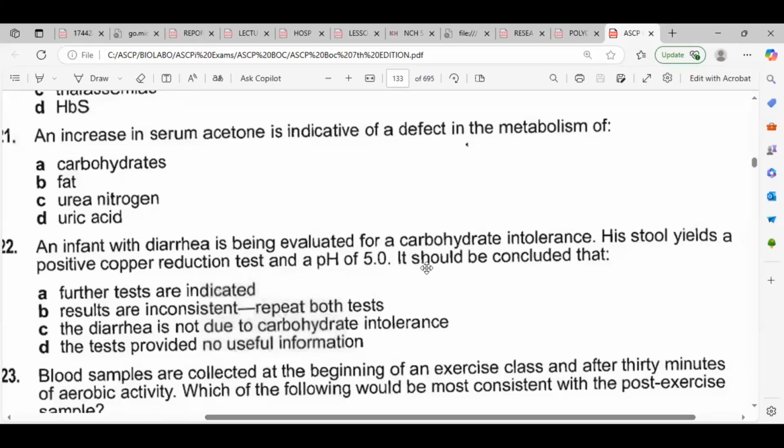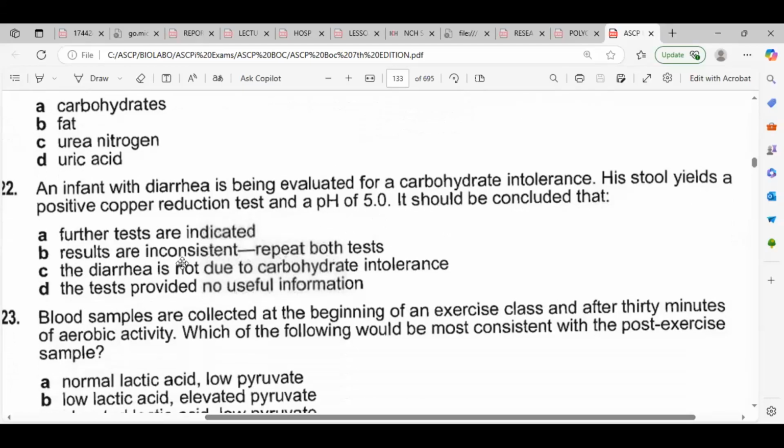It should be concluded that this young infant: further tests are required; results are inconsistent and both tests should be repeated; diarrhea is not due to carbohydrate intolerance; or the test provided no useful information.